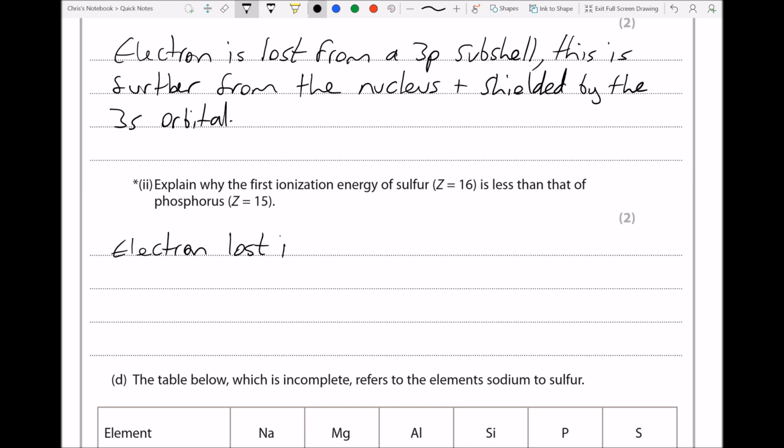Electron lost in an orbital with electrons paired.